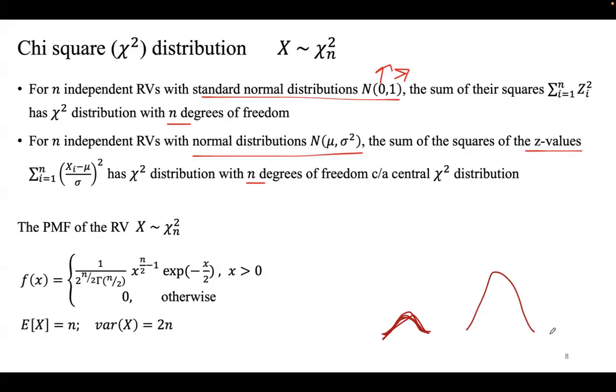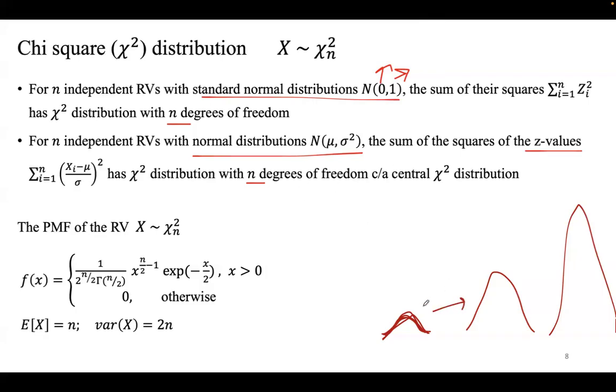Depending on how many you add, it can become really tall. In all the other distributions we have seen so far, normal, exponential, Poisson, none of them depend on n, on how many variables you are dealing with. But the chi-square distribution is summing up existing random variables, so n is important here.